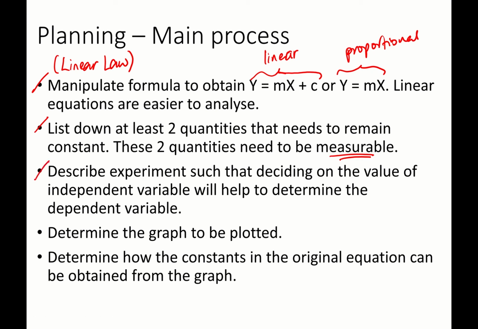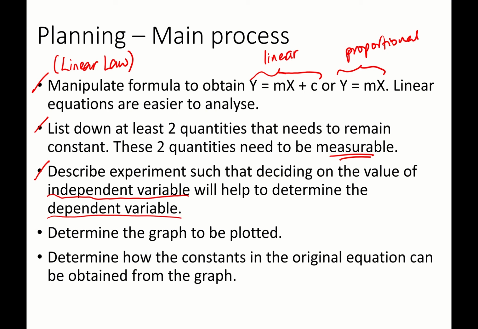Right, next, you'll be asked to describe the experiment. Now, you can actually write that you need to set up the experiment according to one of the figures in the question. Please go ahead and do it. And then you have to write in such a way that by changing an independent variable, you have to measure the dependent variable.